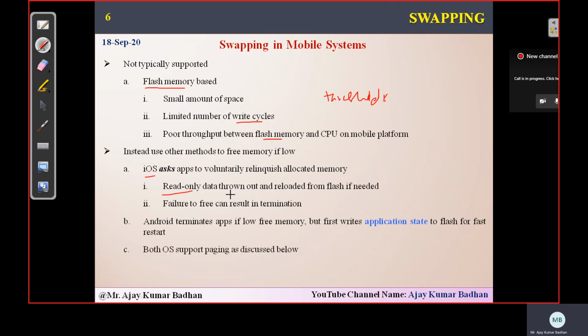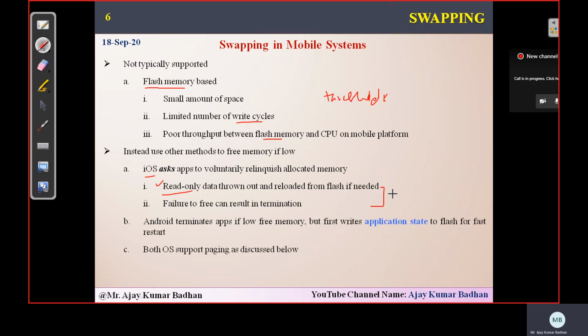Read-only data, whenever we want, we can just bring it and execute it, we don't have to modify it. Wherever the data has to be modified, that should be present in main memory. So whatever read-only data we have, we simply remove it and store it back into flash memory, and whenever required, we bring it up. In this way, the applications free up some portion of the memory.